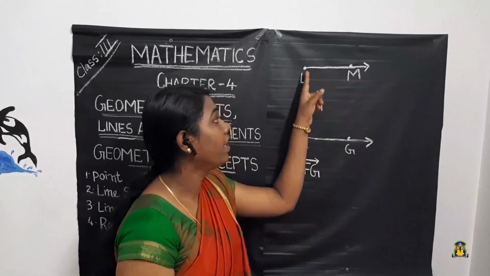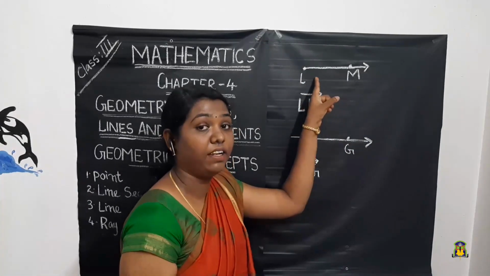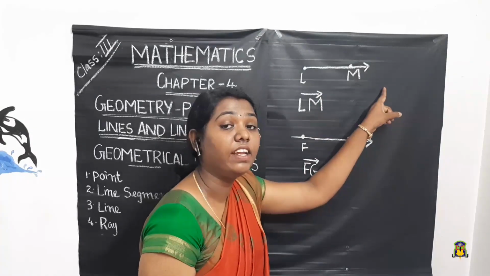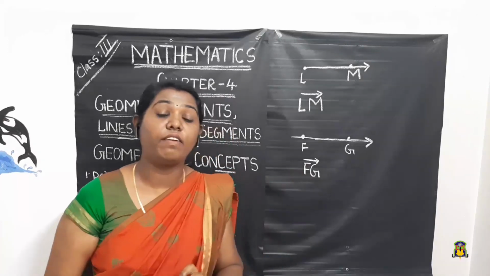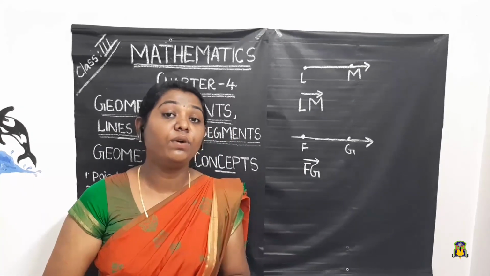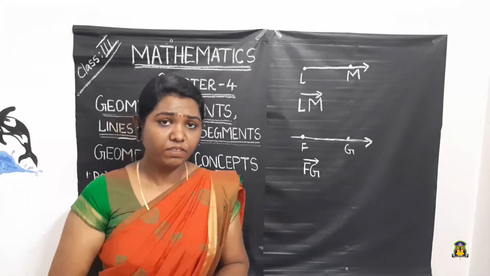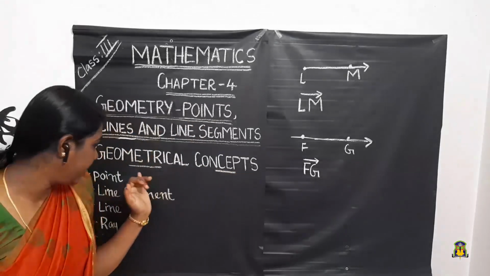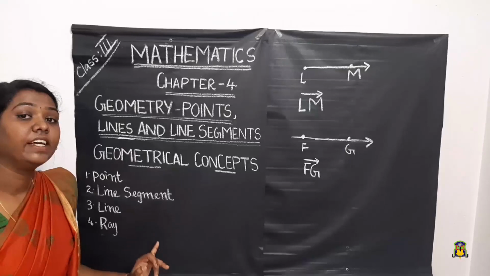Here also a ray starts from the point L and it goes endlessly in one direction. And like a line, a ray does not have a definite length, so it cannot be measured. Okay, so we have studied point, line segment, line, ray.